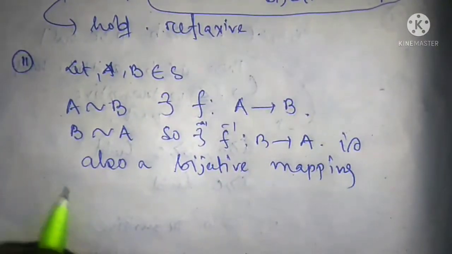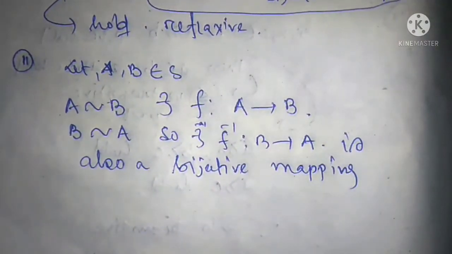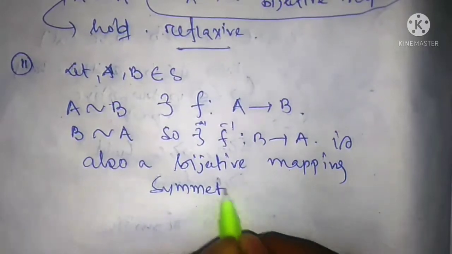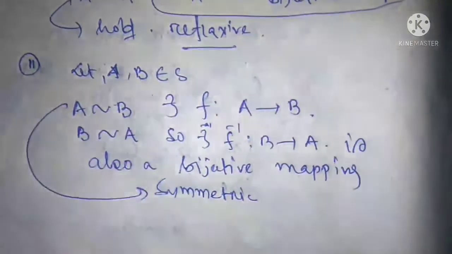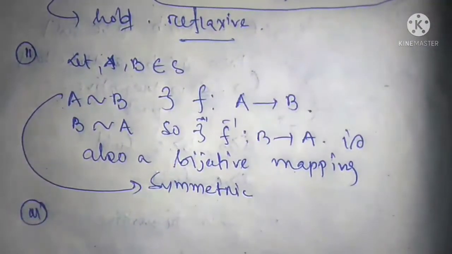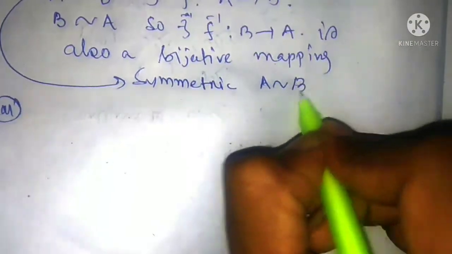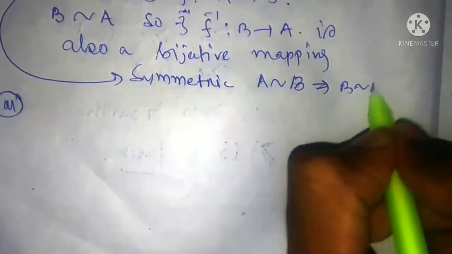So I want to tell you one thing, here I have not done anything, I only proved bijective. What should happen with bijective? Reflexive and symmetric. So this is symmetric, and then we have to show that this relation is transitive, and that's all. So A is equipotent with B implies B is equipotent with A.